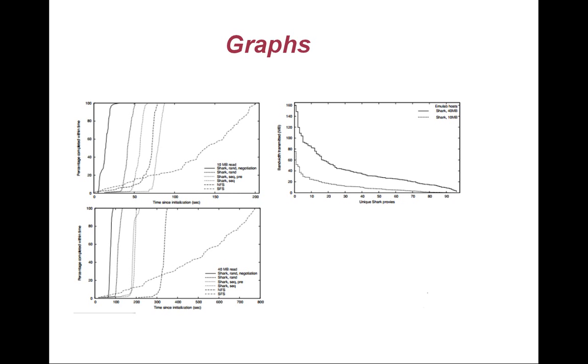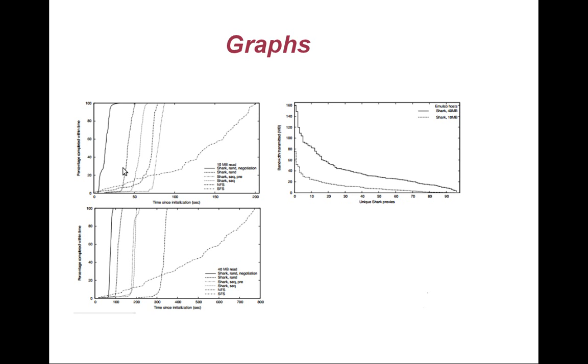However, this graph shows a different picture in terms of client latency. As it's getting a certain file, notice that Shark random, when it has negotiation, has a much steeper graph. So as time keeps going, it'll get a file much faster.